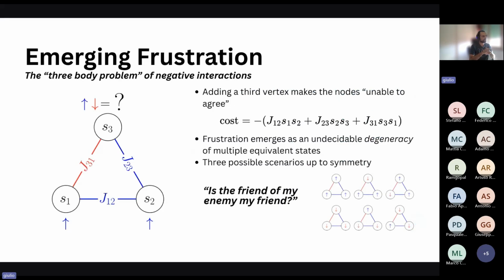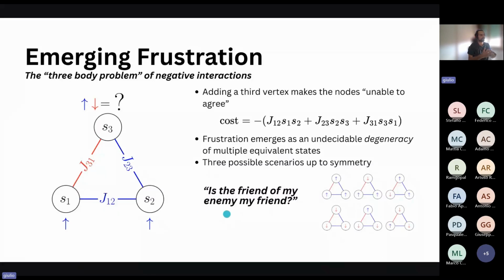The moment you add a third element to your system, keeping the same formalism for your cost function, what happens if you put an odd number of negative signs on a cycle in the couplings?